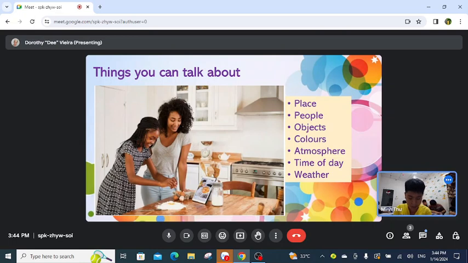Today I describing the picture. Their mom and her daughter are making cake. In the background, it has a white wall, white cover, and silver cooker. And on the top of the picture, there is a silver extractor fan.